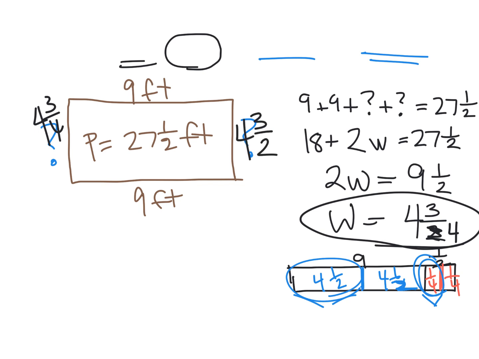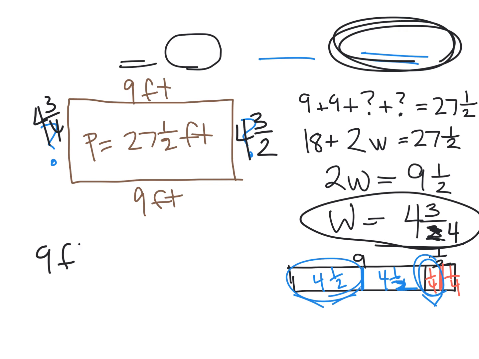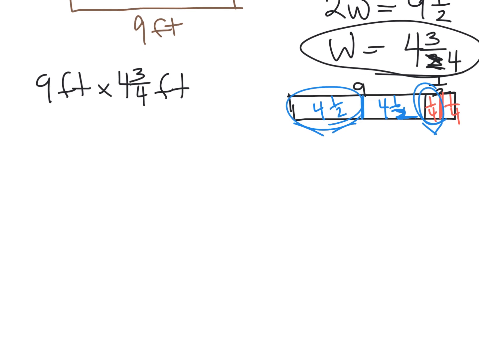And so the question is, what's the area of the garden box? Well, the area is found by doing 9 feet times 4 3/4 feet. So we're going to multiply the length times the width. So I'm going to move this.